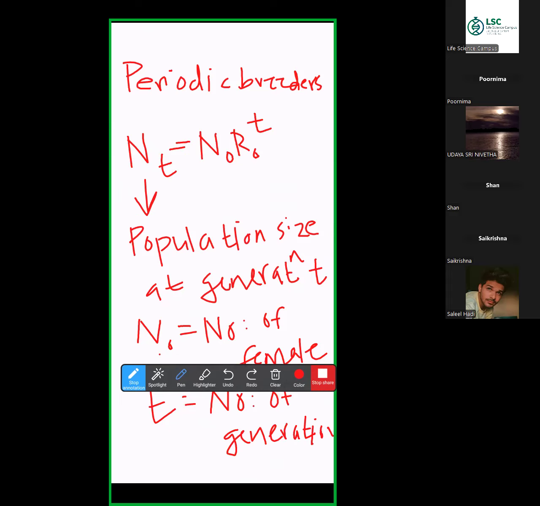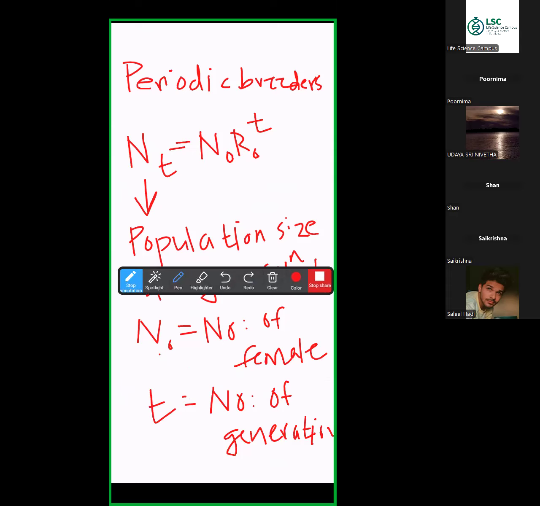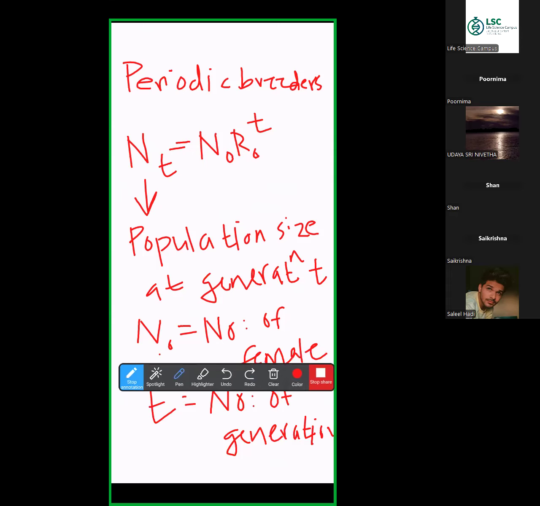So this is the equation for finding out population size of a geometrically growing population: Nt is equal to N0 into R0 raised to t. What is R0?